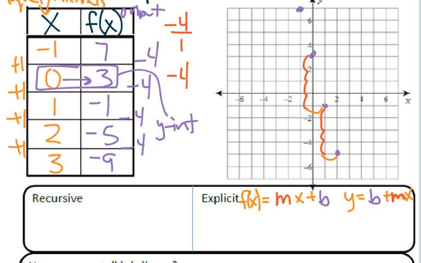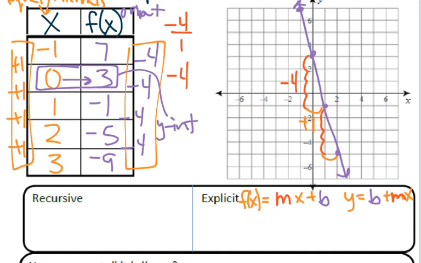Depending on whether this was discrete or continuous, we either leave it as dots or draw the lines. For us right now, we're going to draw the lines. Notice how we can see that minus 4 and that plus 1, same thing that we see here. So when we talk about our equations, our explicit, everything matches up with those same pieces.